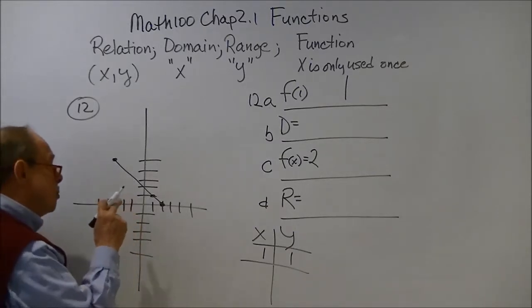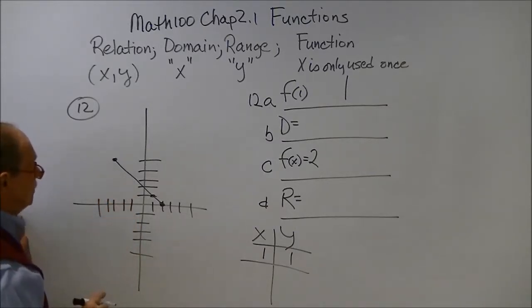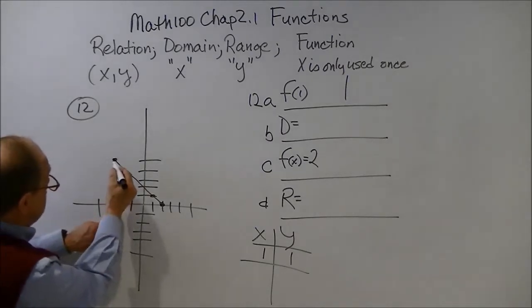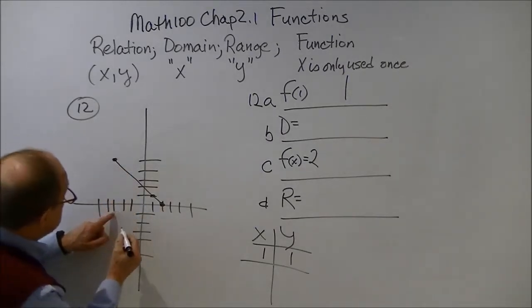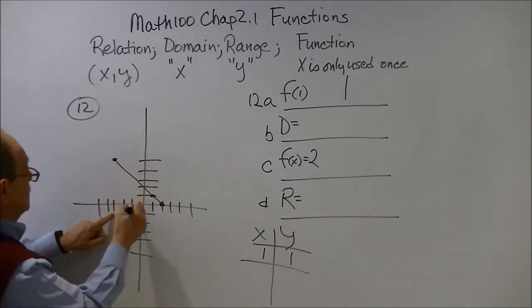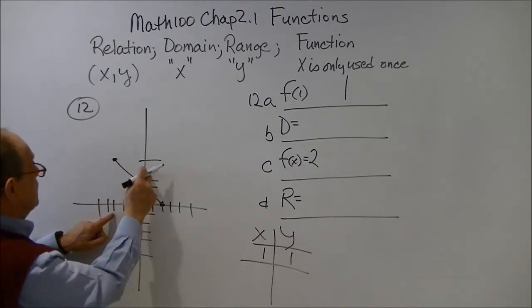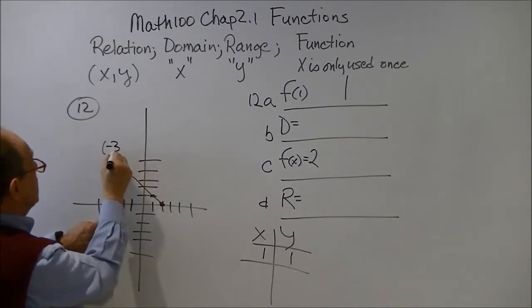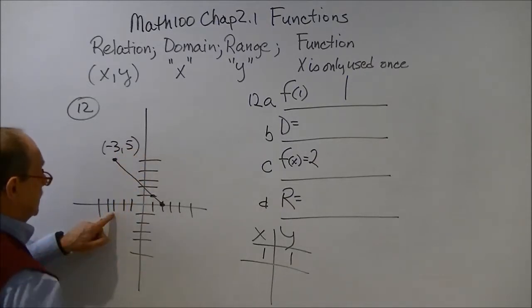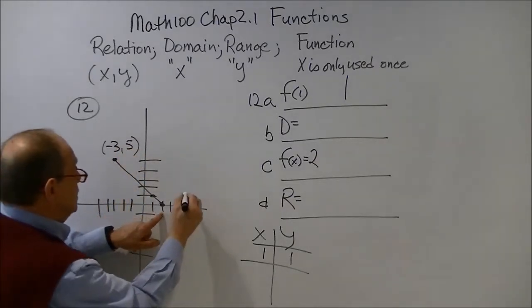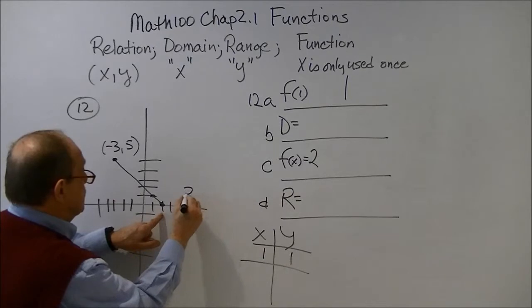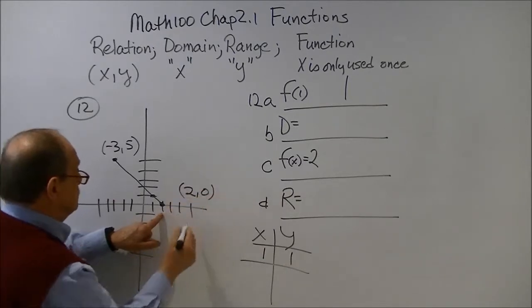Okay, what's the domain now? Well, the domain, if we reflect this point down to here, let me write this, by the way. This is 1, 2, 3, 4, 5. It's going to be negative 3, 5. And this one is going to be 2, comma 0.